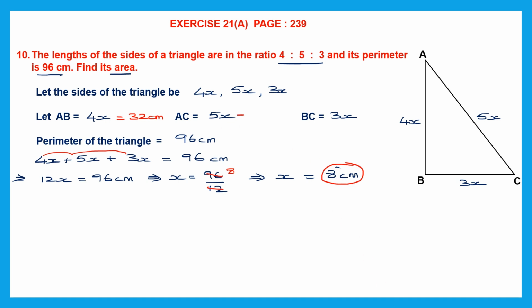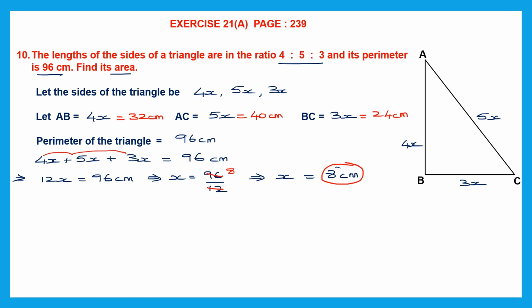So AC is 40 centimeters. Now BC is 3x. That means 3 into 8. 3 eights are 24. So this is 24 centimeters. So now that we have found the sides, AB, AC and BC.